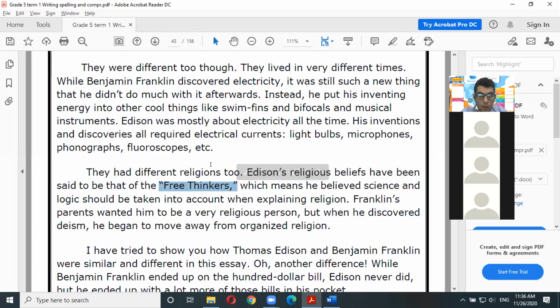And here Benjamin Franklin. His parents wanted him to be a very religious person.